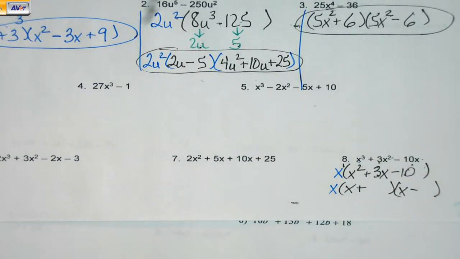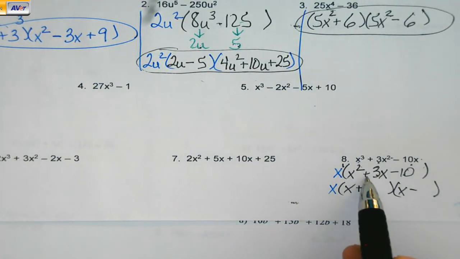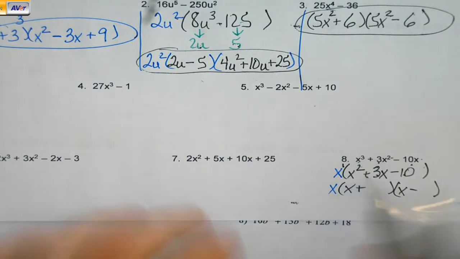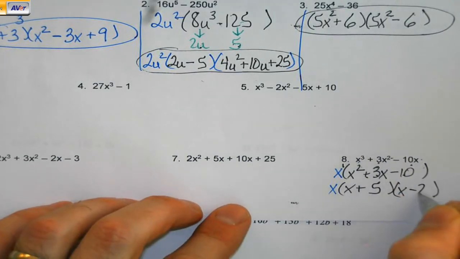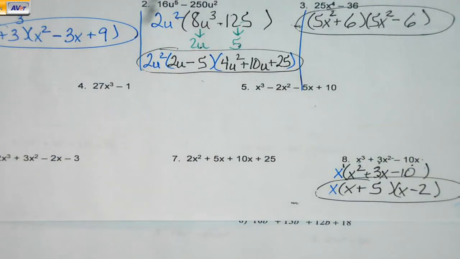Well, with 10, I've only got 2 choices, 10 and 1, that doesn't subtract to 3, or 5 and 2. But which number goes in which place? This sign will tell me the bigger number's sign. So the 5 is going to be the plus, and the 2 is going to be there. So sometimes, once I take my common factor out, that's going to be what this looks like.